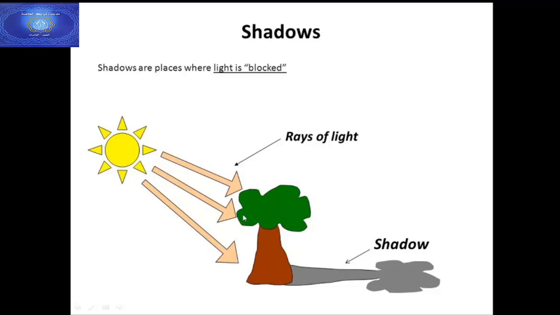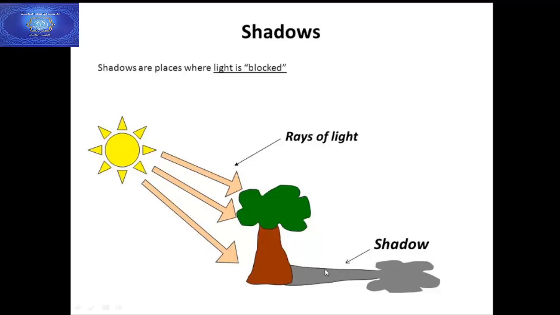This object, the tree, doesn't allow the light rays to travel through it. Because the tree blocked the light and doesn't allow the light to continue its way, the shadow forms.